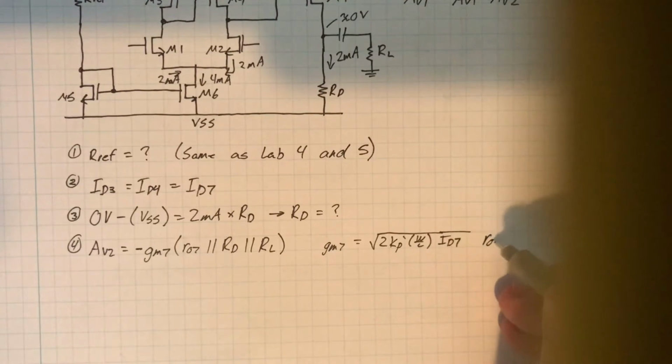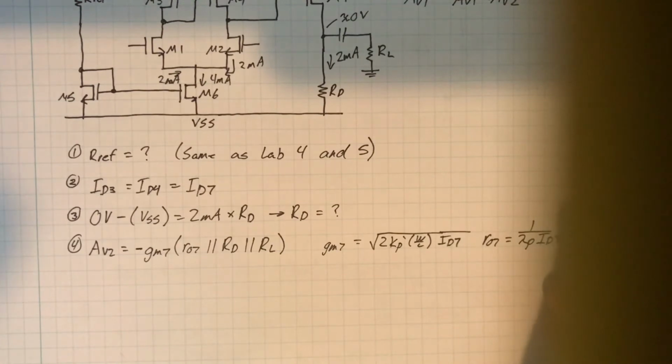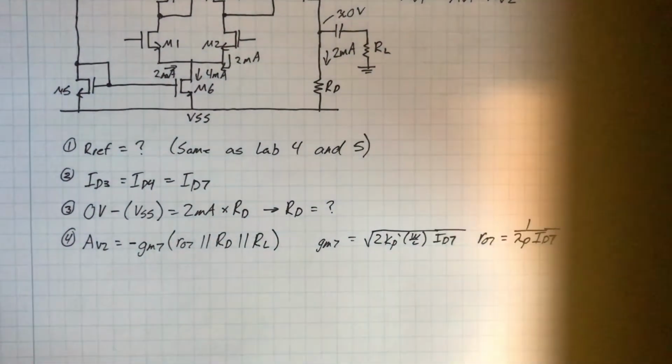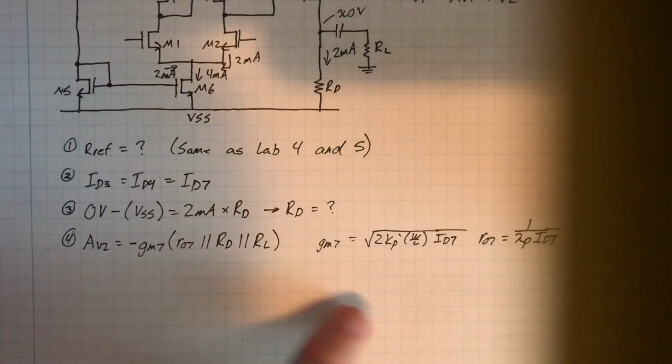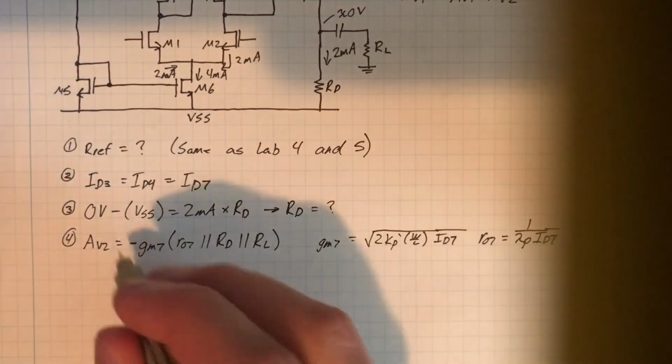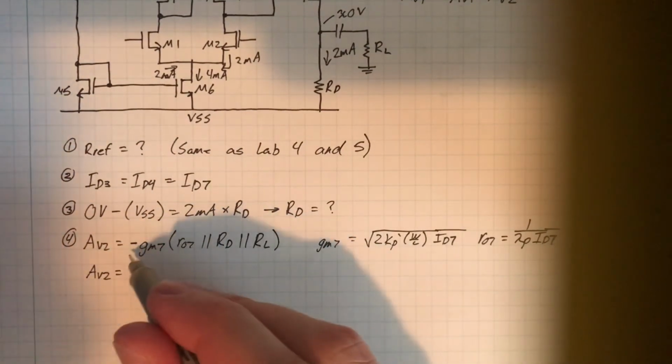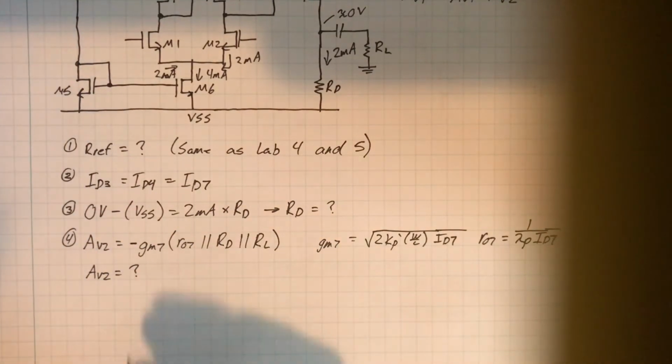And RO7 is 1 over lambda P ID7, and lambda P is given to you in the Prelab doc. With that, you can calculate AV2, and it'll be a negative quantity because it's an inverting amplifier.